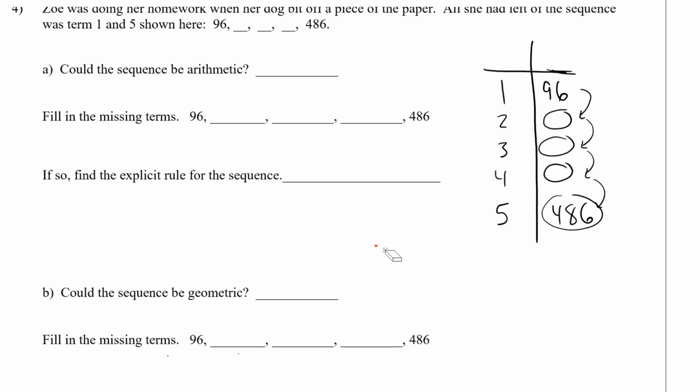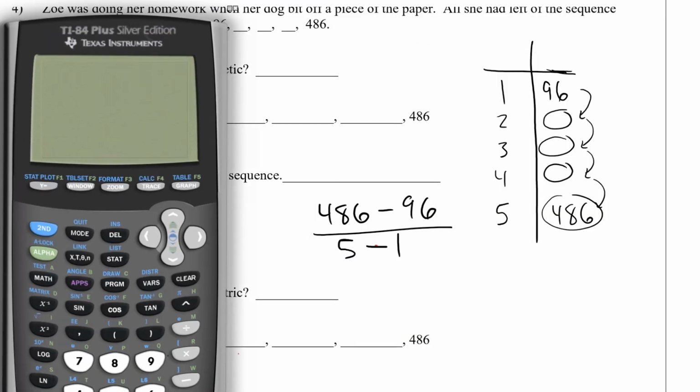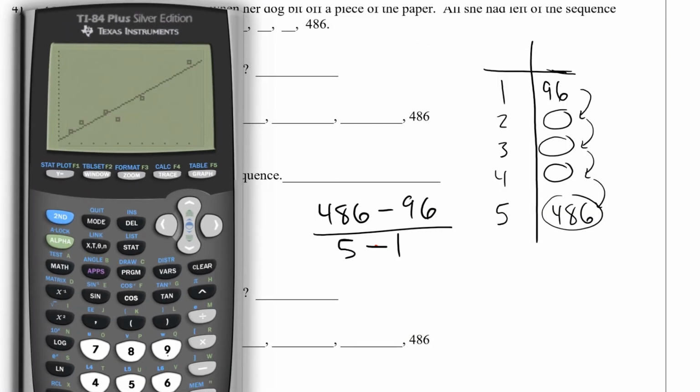And if I look at the slope, right, my change in y, or the change in my output divided by the change of input, would give me exactly the growth that I need. So let's consider that. So my change in y is going from 486, and I started at 96, so that's how much my output grew by. And my input values end up at 5, but they started at the number 1. So let's go ahead and just quickly, I apologize, I need to do a bit of arithmetic here.